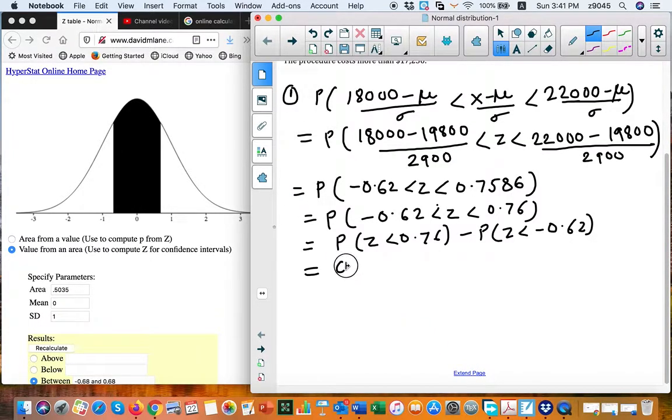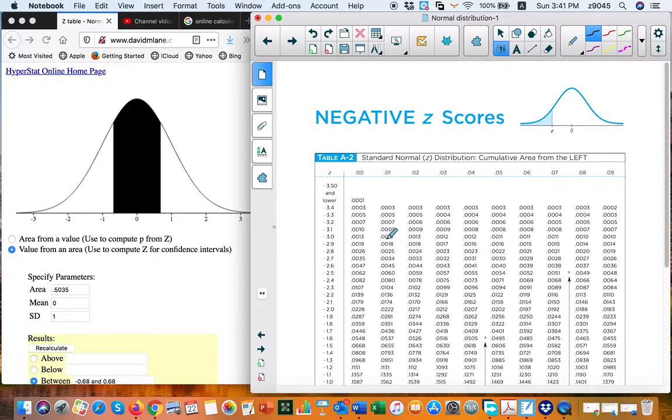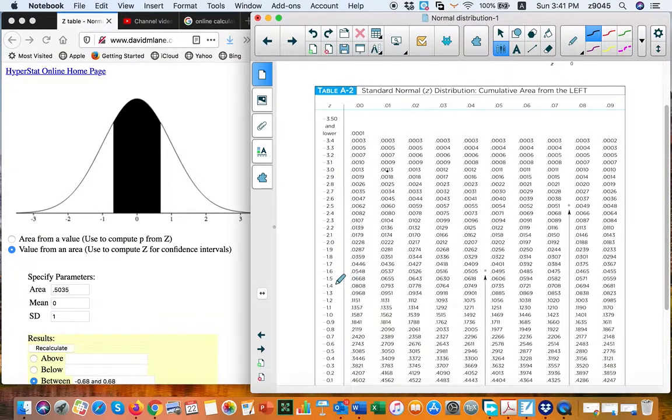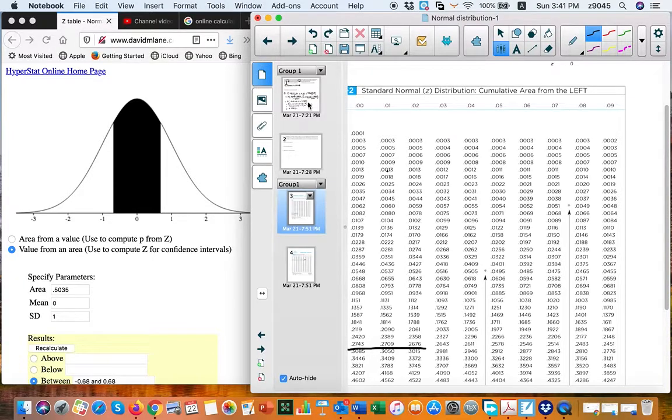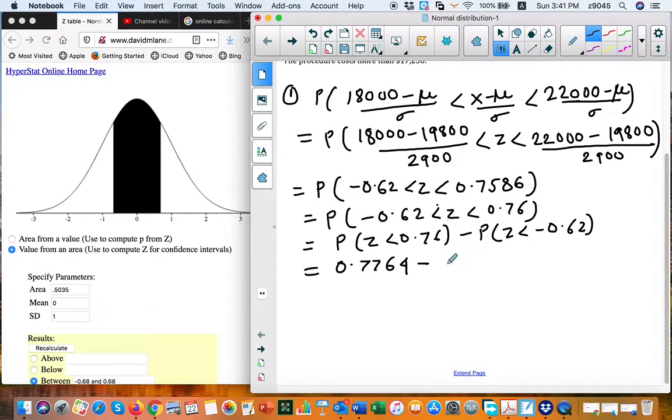So this value is 0.7764 minus the value for minus 0.62. I'm going to go to the negative page, minus 0.6 is here, minus 0.62, the value is 0.2676. So this difference gives us the answer for the question.